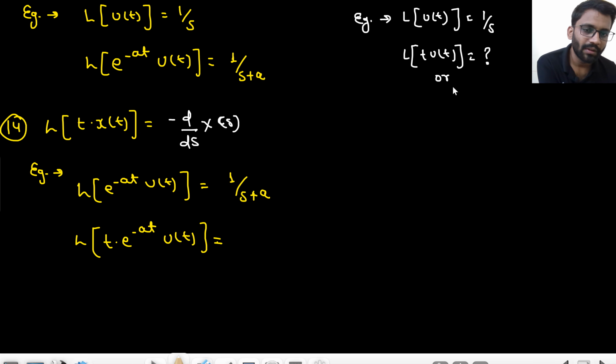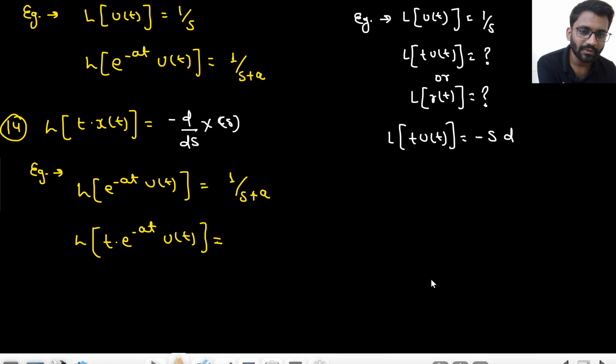Or what you can say, Laplace transform of r(t), right? So Laplace transform of t u(t) would simply be minus d by ds into x of s, that is Laplace transform of u(t). And what is the value of Laplace transform of u(t)? That is 1 by s.